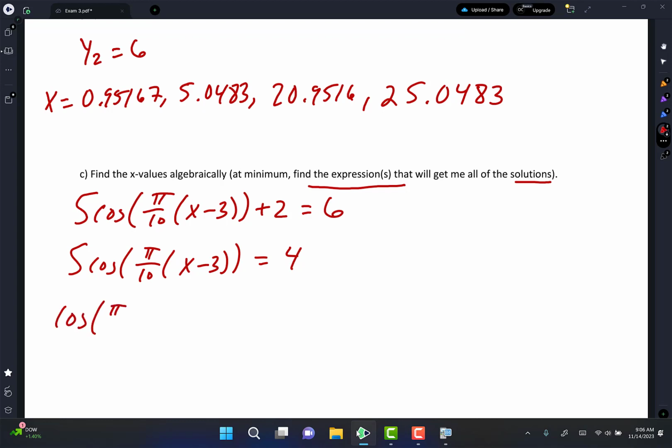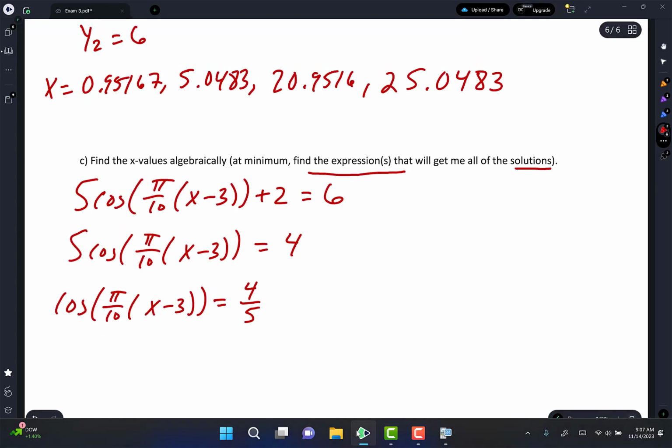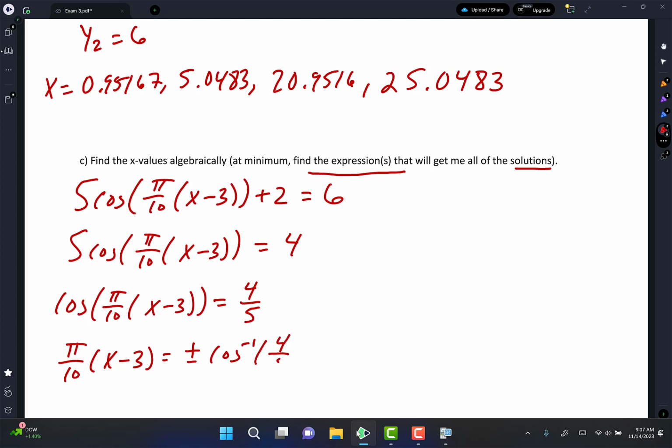So cosine pi over 10 x minus 3, close, equals 4/5. What's the next move? Did you guys say arc cosine? Yeah, arc cosine. Plus minus arc cosine of 4/5 plus 2 pi n.